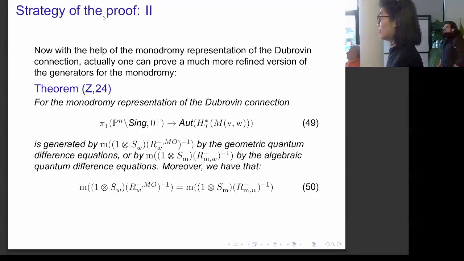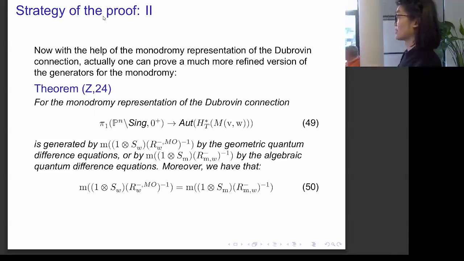And using this kind of refinement, actually we can refine the results in the last section that the monodromy operator, the monodromy representations on the algebraic side, can be generated by something that is from the universal R matrix of the root walls of algebra.